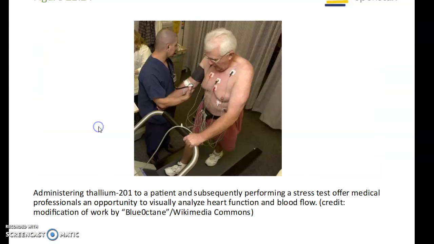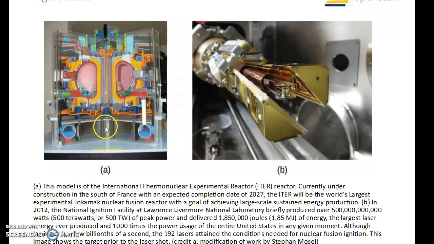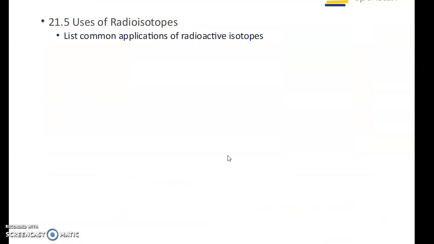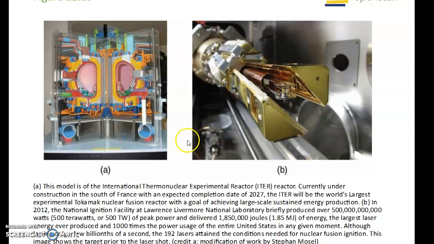And this is the International Thermonuclear Experimental Reactor. And this is where they're trying to get a fusion reaction going. Okay? So what they're hoping will happen there is that fusion, which utilizes lower molecular materials, would be a lot safer and produce a lot more energy than the nuclear reaction.